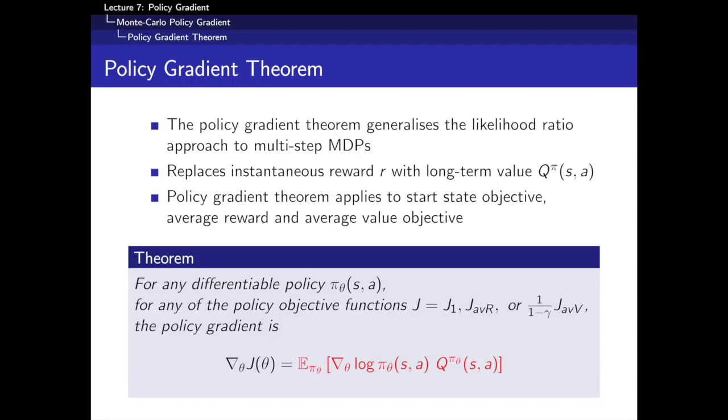That's just to formalize that, which is to say that if you start with some policy, then for any of those objective functions we considered earlier, the start state, the average reward, the average value, the policy gradient is basically given by this thing here, which is some expectation over the score function multiplied by the action value function, Q. So it basically tells you, again, how to adjust the policy so to get more or less of that particular action multiplied by how good that particular action was, or is, in expectation.